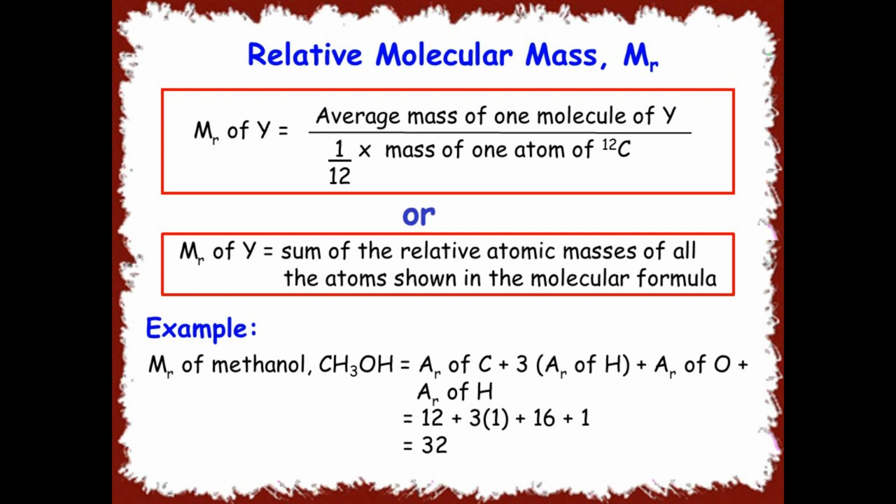After that, insert all of the relative atomic mass values. Finally, the relative molecular mass of methanol is 32. Relative molecular mass also has no unit.